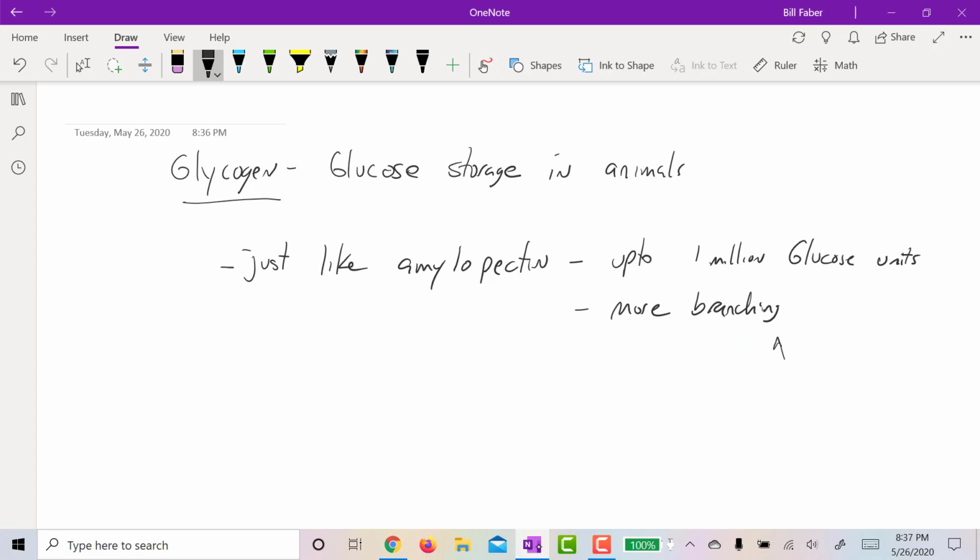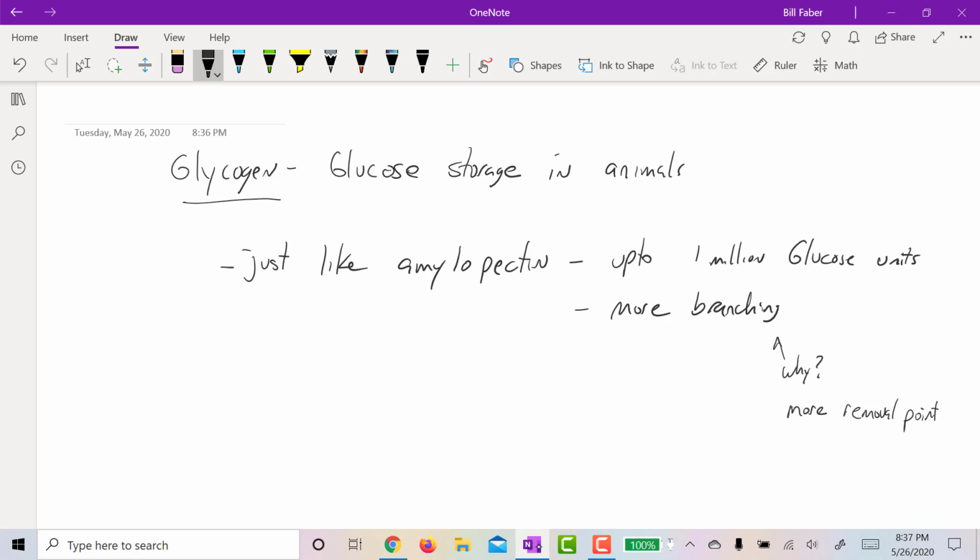So I guess the question is why? Well, when there's more branching, there's more points where you can knock off glucose. So there's more removal points. And you know that animals have to be able to break down glycogen so that they can escape from predators.